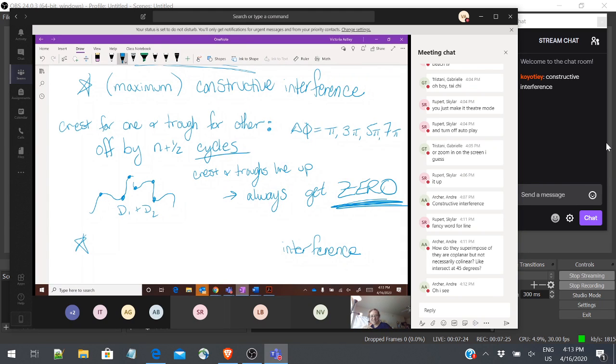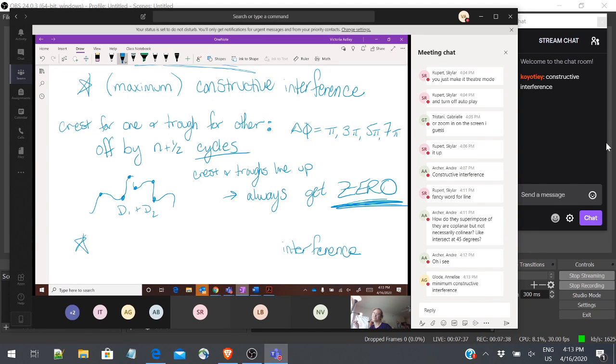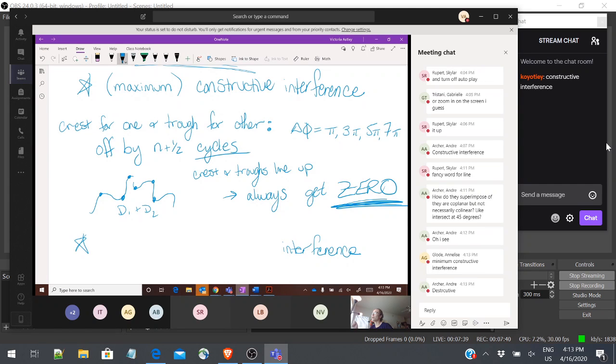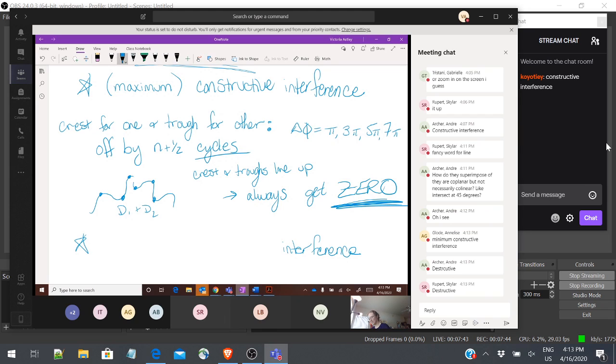So what type of interference is this? So constructive means make bigger. Destructive, yes.